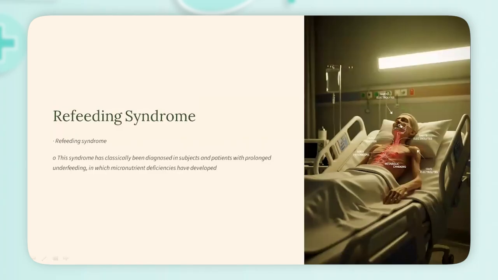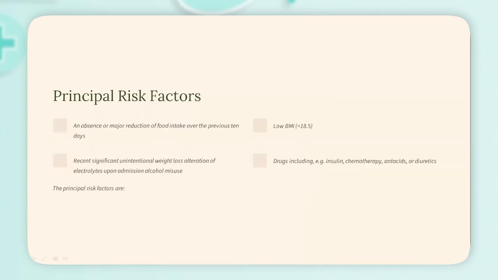If the pre-feeding electrolyte status isn't optimal, the patient may have an increased insulin surge causing potassium, phosphate and magnesium to shift intracellularly, causing refeeding syndrome. Risk factors are low BMI, and if the patient is already on drugs like insulin, chemotherapy, antacids, and diuretics.